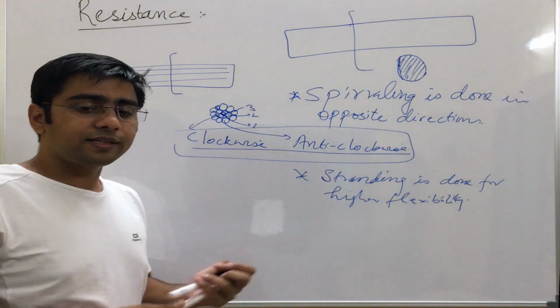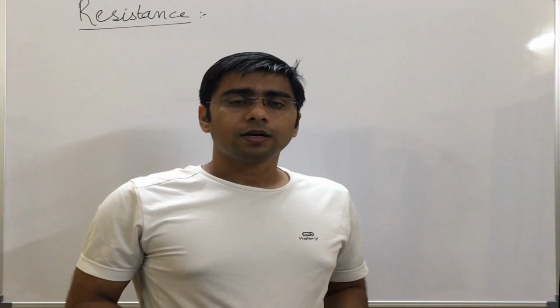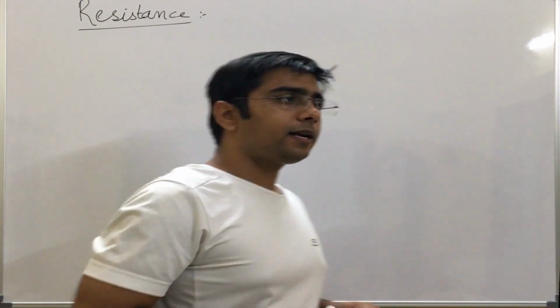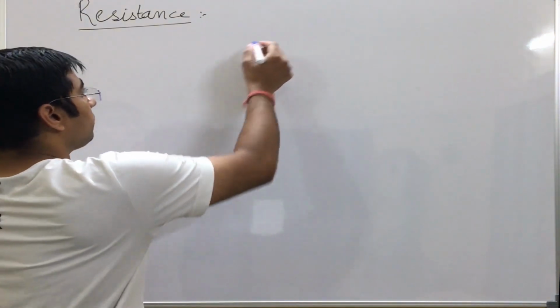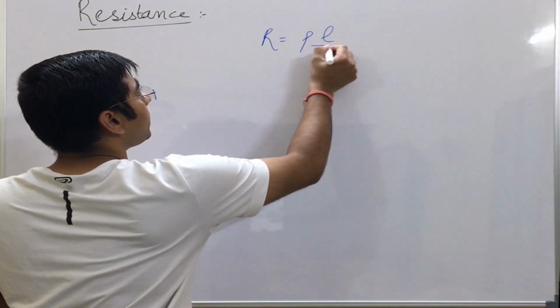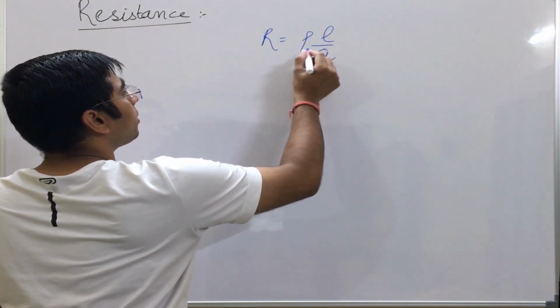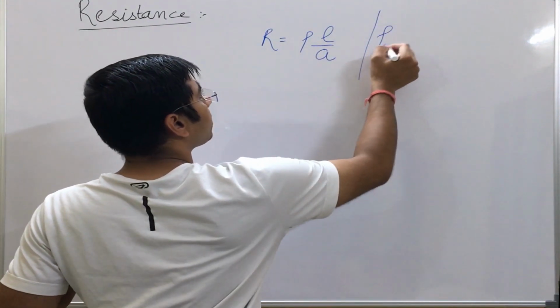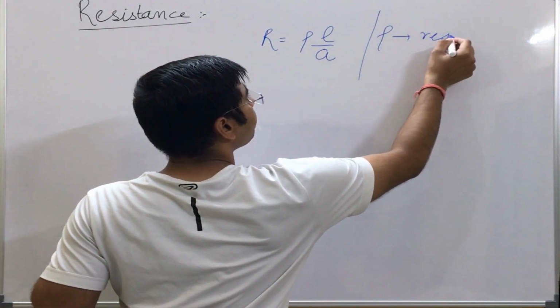Now coming to the resistance part. It is a well-known formula that R is equal to rho L by A. Here rho is the resistivity.